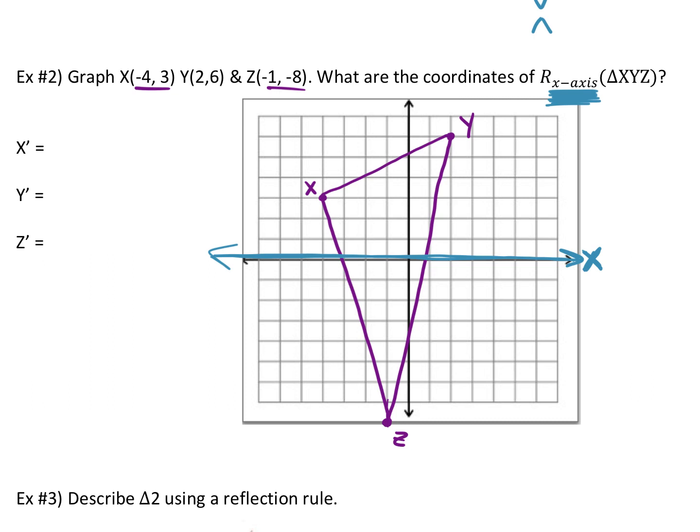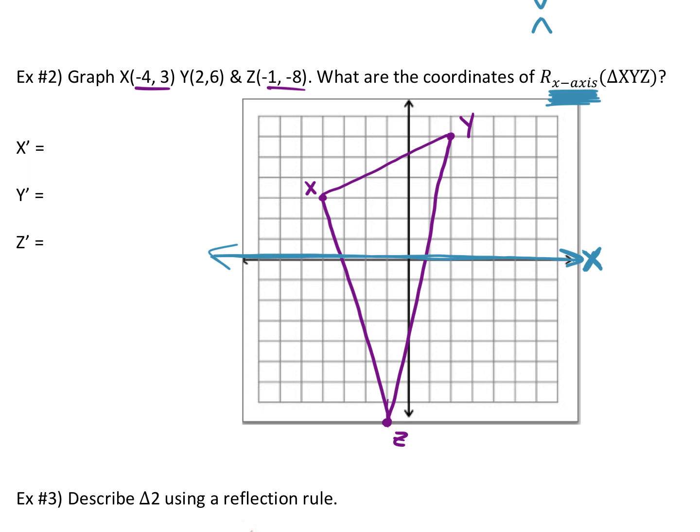So if we're gonna reflect over the x-axis, we're reflecting over the blue. Now hear me, because inevitably, when it becomes a triangle instead of just a point that you're reflecting, it seems really confusing. So I need you to not see this as a triangle. I need you to see this as just 3 separate points that have to get reflected.